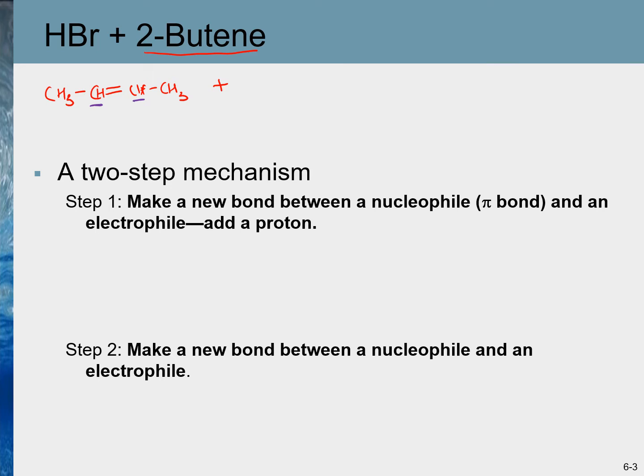In case of symmetrical alkenes, Markovnikov's rule is not applicable because they have the same number of hydrogen atoms. So in this case, if we perform addition of HBr, the end product will be the same. It doesn't matter which side hydrogen goes or which side Br goes.